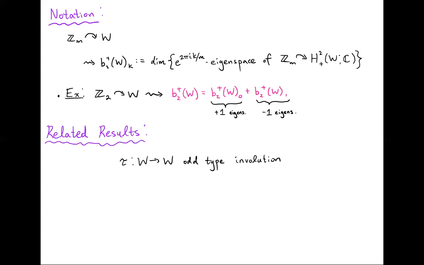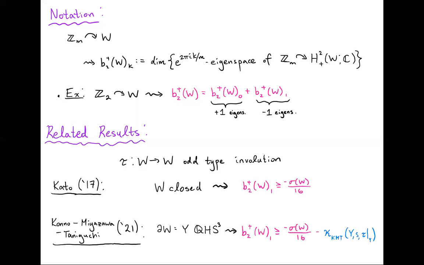Now let's restrict to just odd type involutions. In 2017, Kato showed that if W is closed, then b2+(W)_1, the non-trivial part of b2+, is greater than or equal to minus the signature over 16. And we have a related result for the case with boundary by Kono, Miyazawa, and Taniguchi from a few months ago.